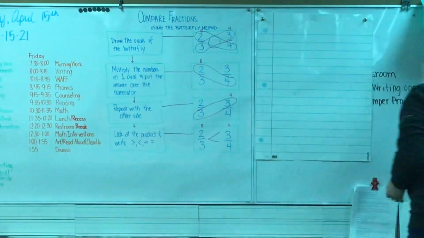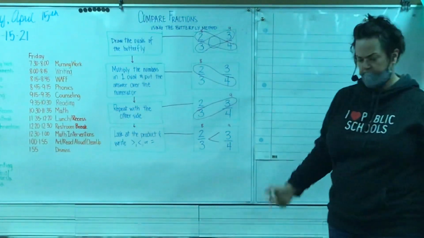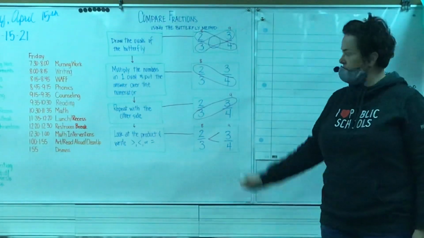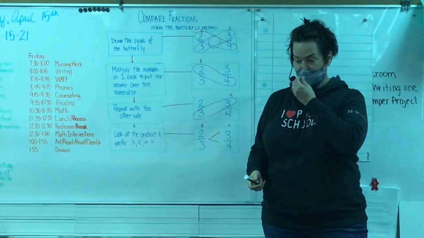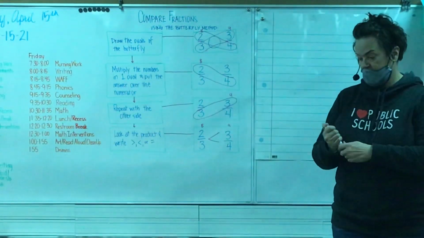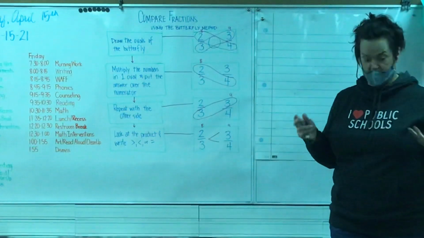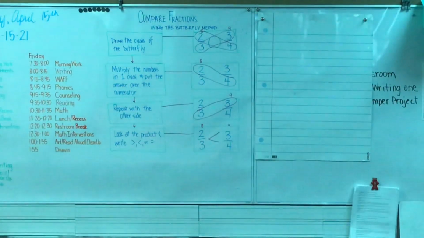All right, so now, if we want to compare completely different fractions again, we're going to use these steps to help us out. Okay, this will probably be a lot faster than trying to draw pictures. Yes. All right, so let's do, let me find some examples here.